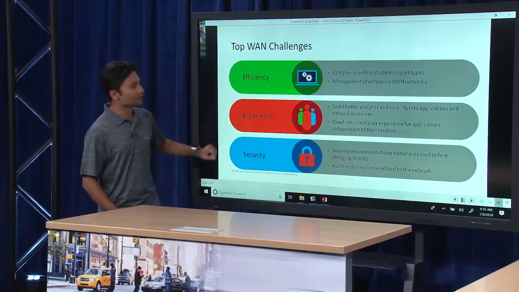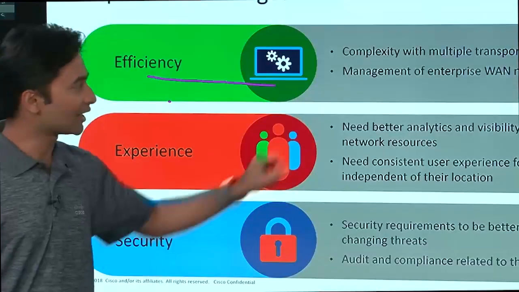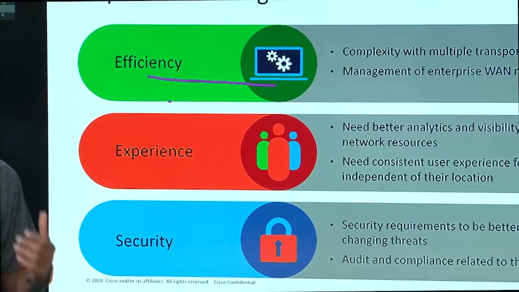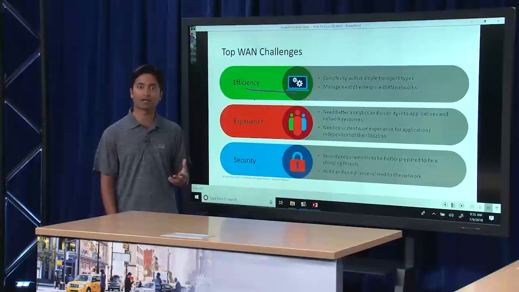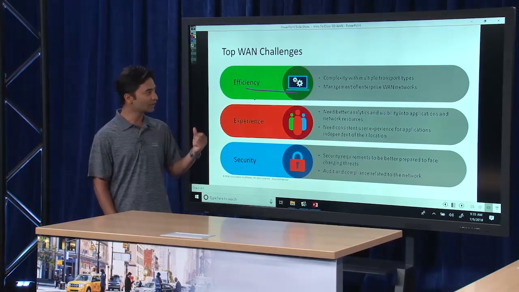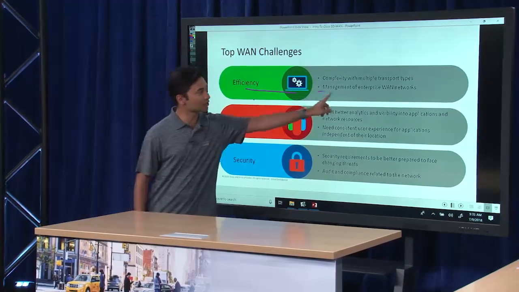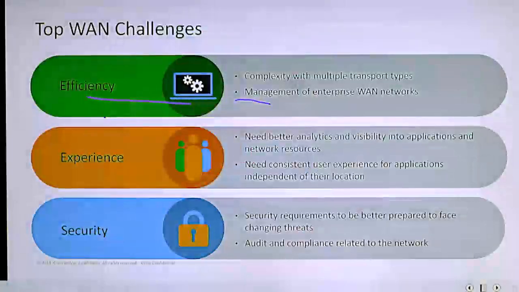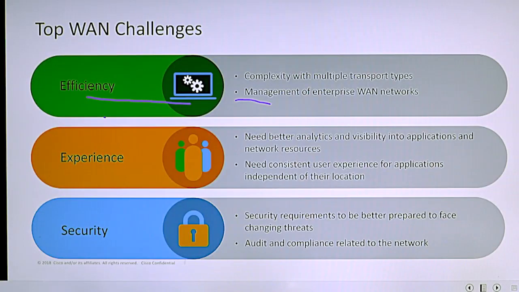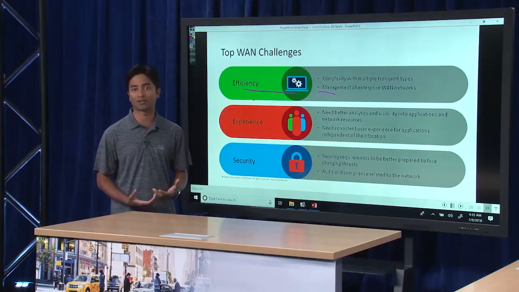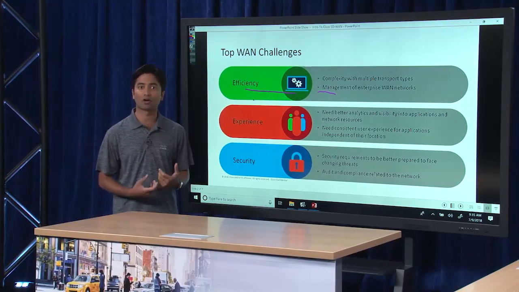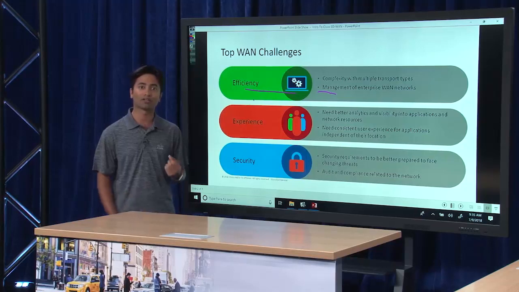When we talk about efficiency, the network landscape is changing insofar as there are multiple transports available and enterprises want to be able to leverage the fact that these transports exist. In addition to being able to leverage these transports, they actually want to manage them in a simplified fashion as well. The next thing is that networking is now very much in the limelight with regard to application experience. All the enterprises, service providers, all entities care about the quality of experience that they get for their applications.